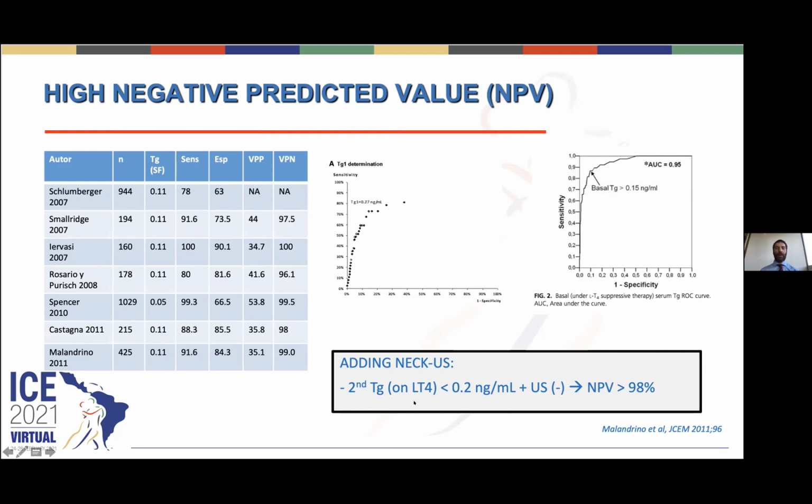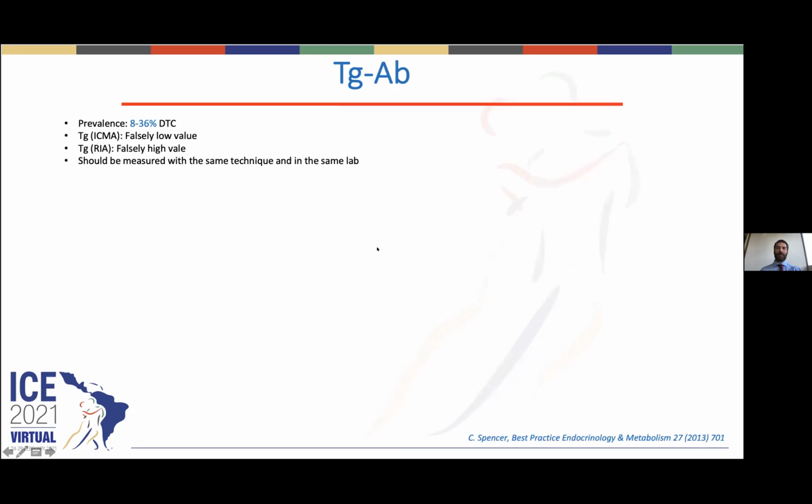So we can conclude that second generation thyroglobulin using levothyroxine in most cases is enough to make a reliable follow-up and to rule out persistent disease.